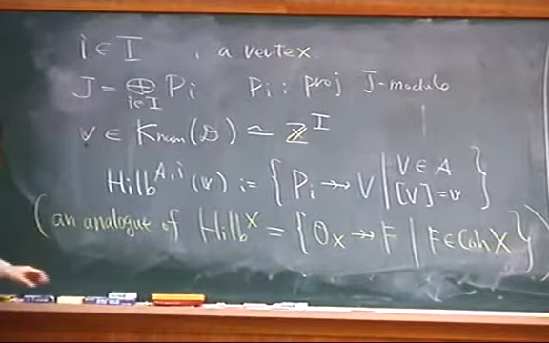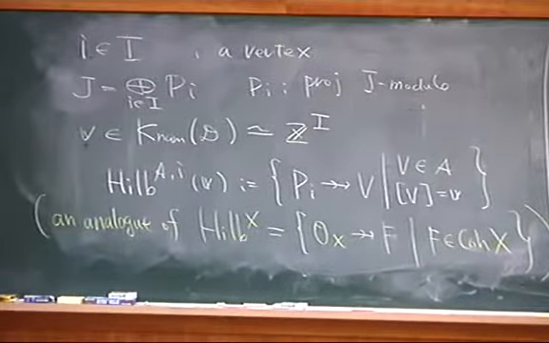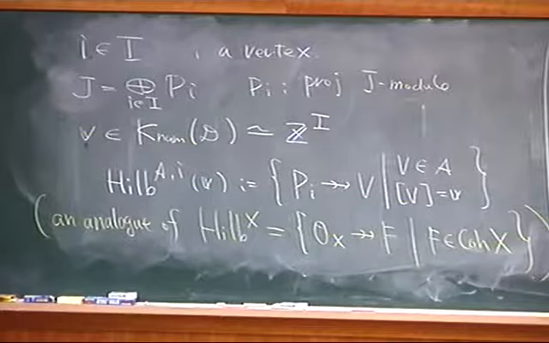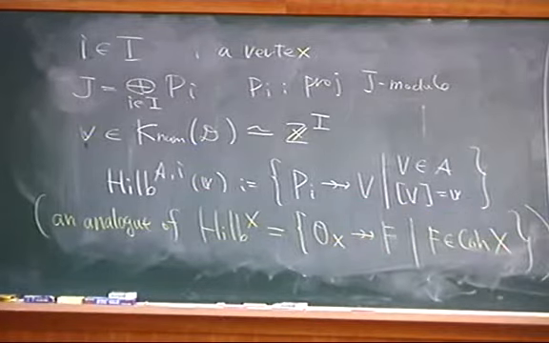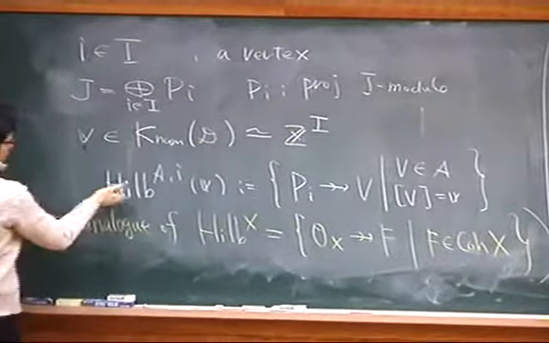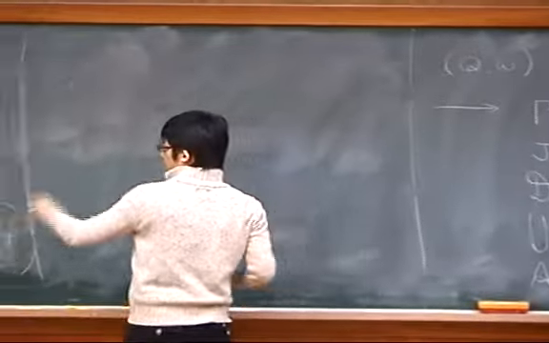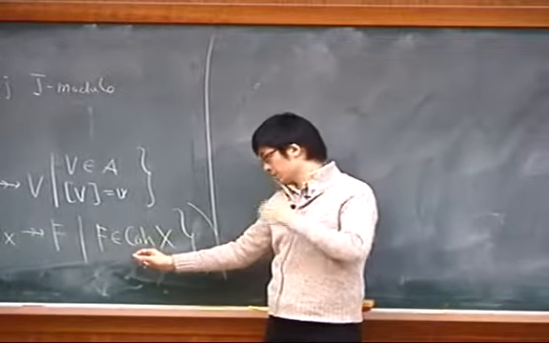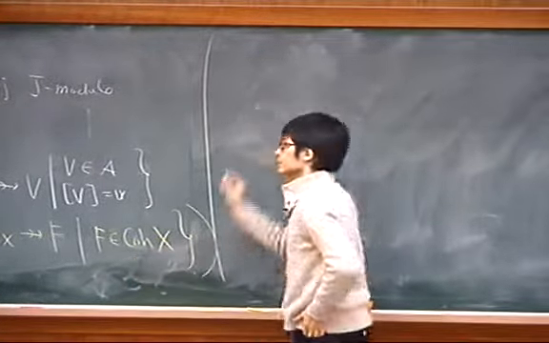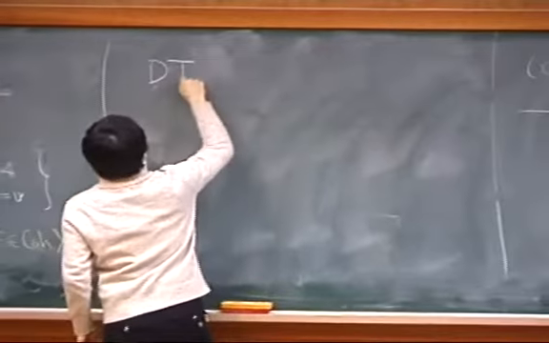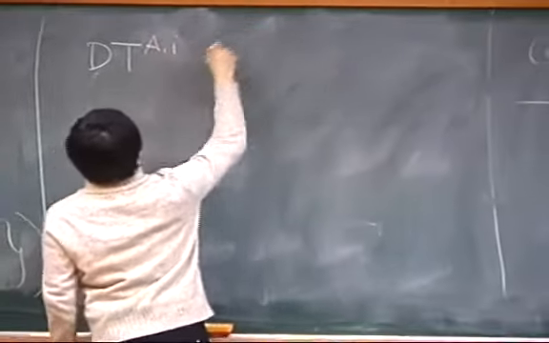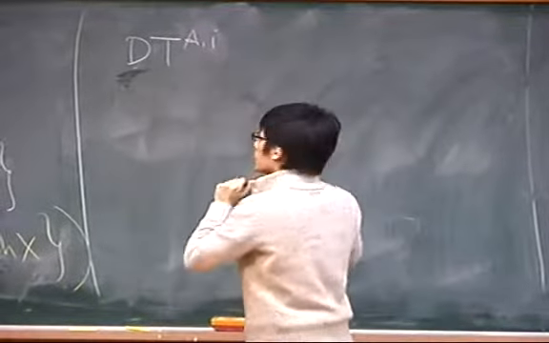And we work on this abelian category, but as you can see, this is an analog of this Hilbert scheme in the commutative setting. So this is the reason why I wrote it here. And Donaldson-Thomas invariant is virtual counting of this moduli space. So we define an analog of Donaldson-Thomas invariant in this setting.